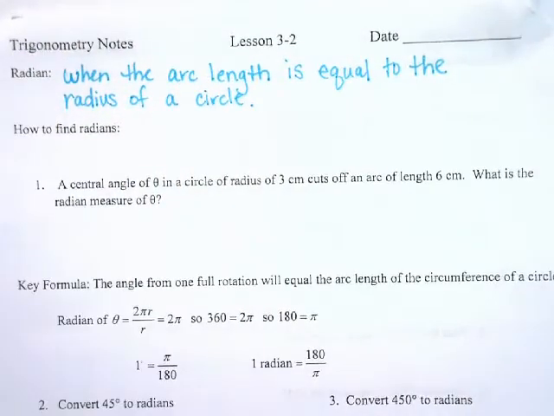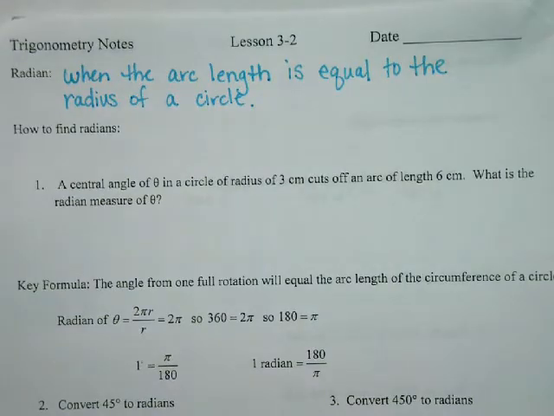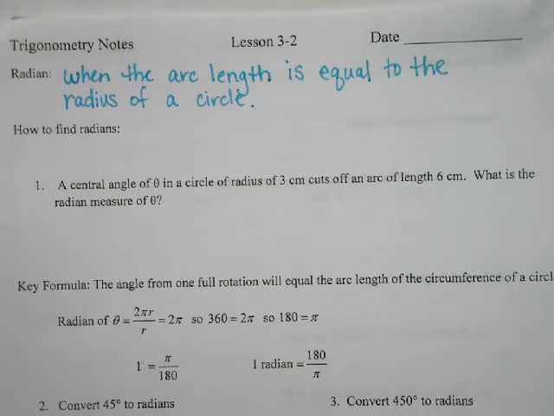So the arc length, remember, is a piece of the circumference. It's a part on the outside of the circle. So when that piece on the outside of the circle is equal to the radius, we get what's called a radian. Okay?